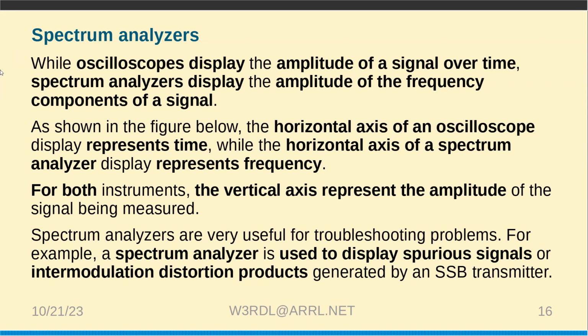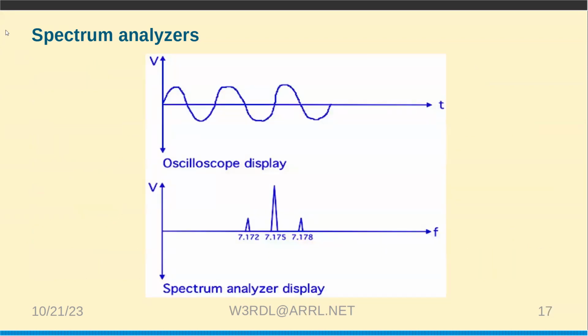And that's why they call it a spectrum analyzer, because it looks at a range of frequencies. This is showing what you would see on the oscilloscope and what you might see with that same signal on the spectrum analyzer. You see the fundamental frequency there in the middle, and then a couple of sidebands, assuming that was some modulated waveform.